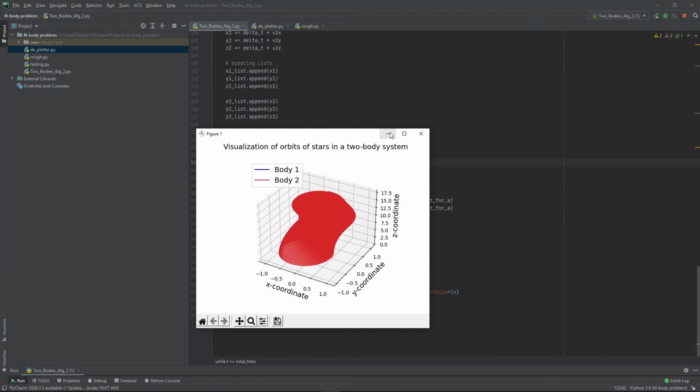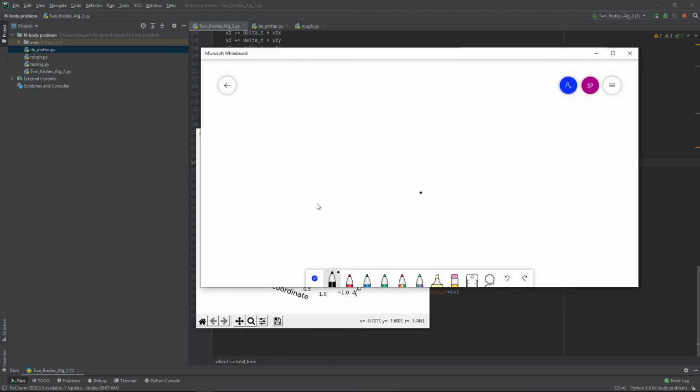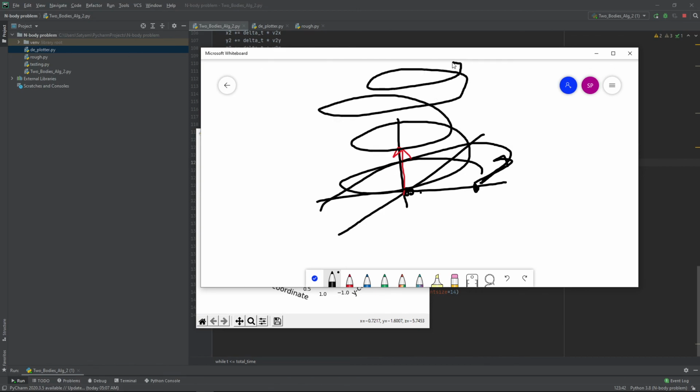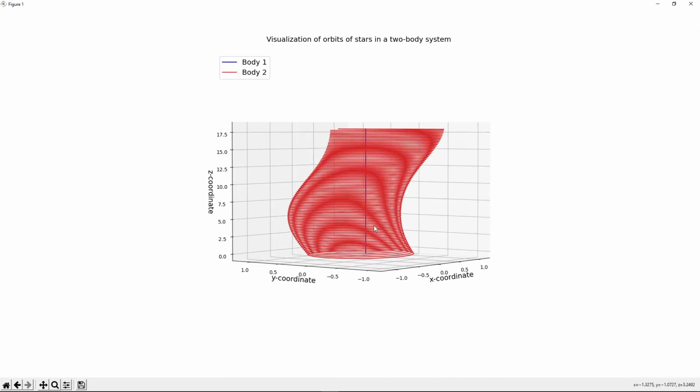So what's this? This is for the case where there is the xy plane and there is a body at the origin. For one body I have given the initial velocity in the xy plane, and for the other one I have given the initial velocity in the z direction. And how would this system evolve over time? I don't know what the exact shape would be, but this graph right here is showing that.